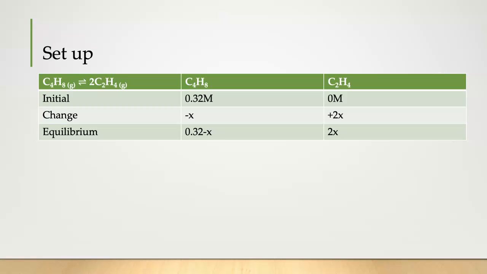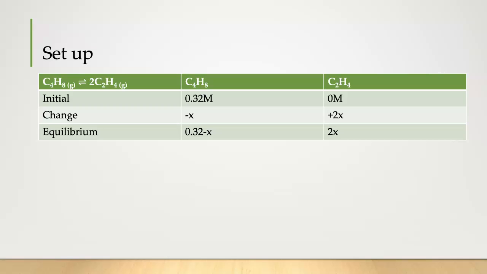So here's your ICE table set up. You have your initial, your change, and your equilibrium. So at initial, you have your 0.32 molarities of the C4H8. You know that you don't have any molarity or any concentration of your C2H4.